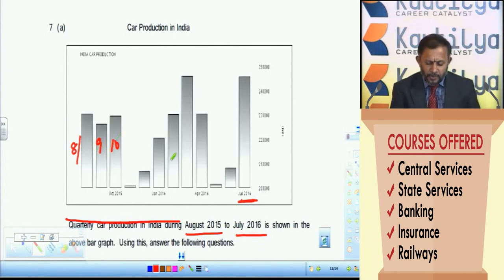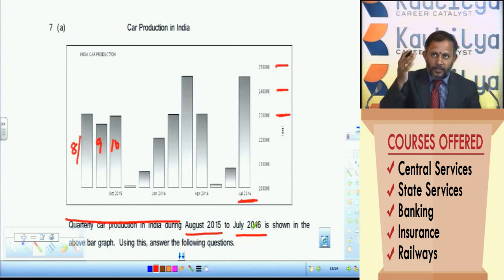But here what you have to observe is 2,50,000, 2,40,000, 2,30,000, like that. The number of units produced is given on the y-axis, and the month of production is given on the x-axis.